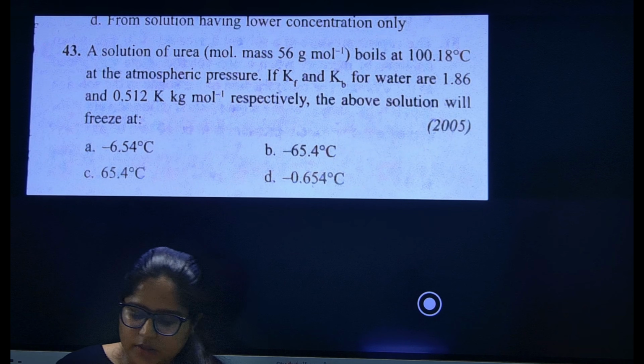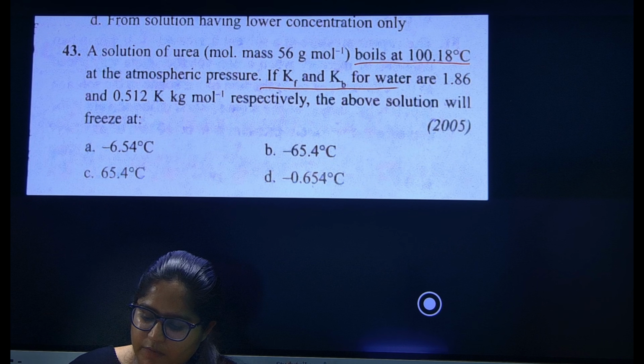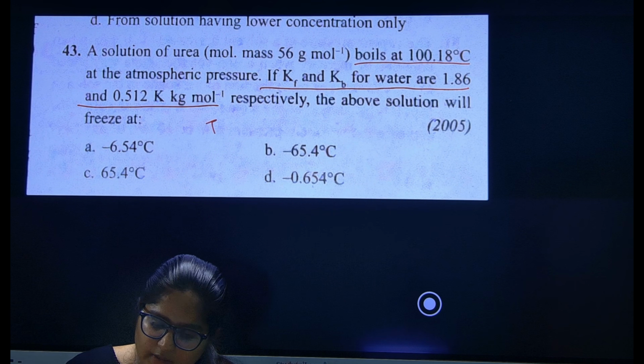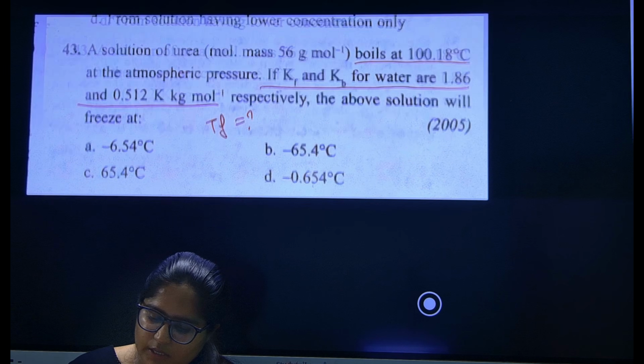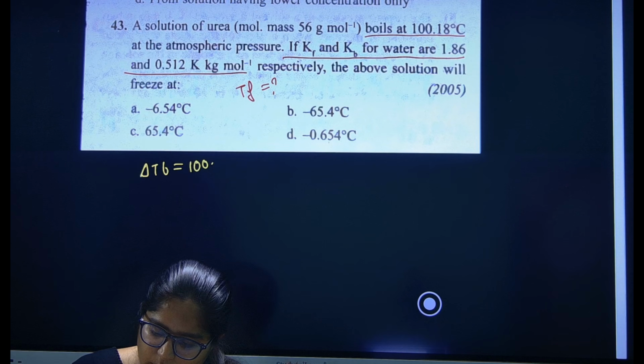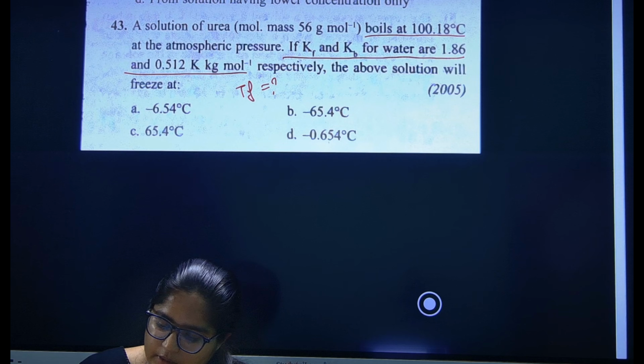Question number 43. A solution of urea boiled at 100.18 degrees centigrade at atmospheric pressure. If Kf and Kb for water are 1.86 and 0.512 respectively, the above solution will freeze at, so they are asking for Tf. Now let us calculate. Boils at 100.18 degrees centigrade, so Tb is 100.18.